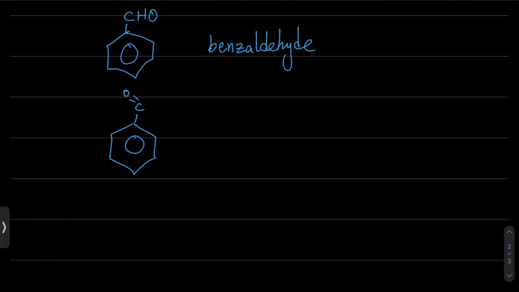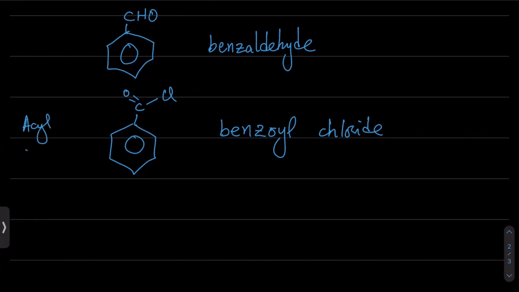C double bond O and then chlorine. This is called benzoyl chloride. In fact, compounds which have this group are called acyl chloride.